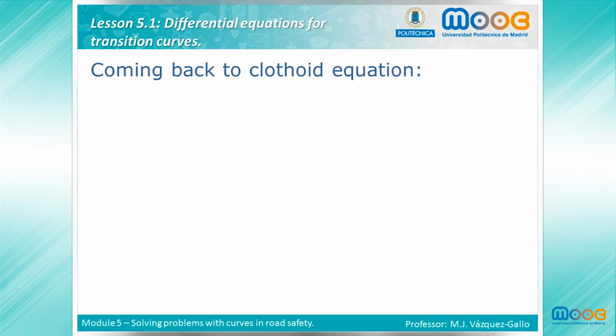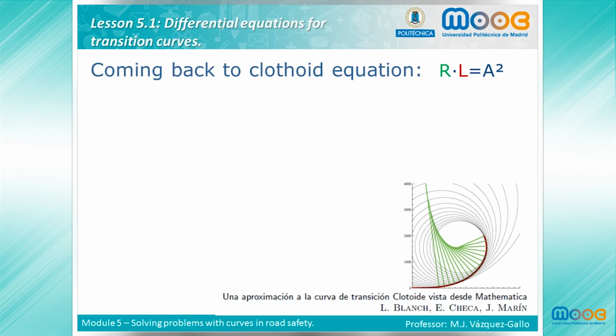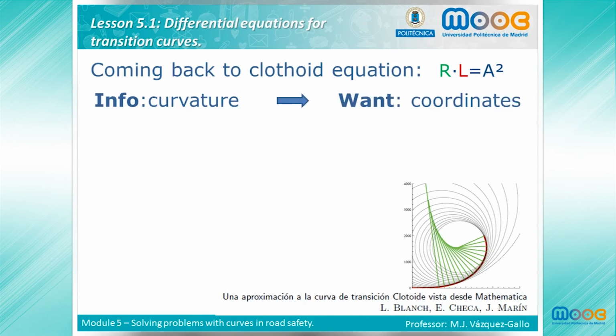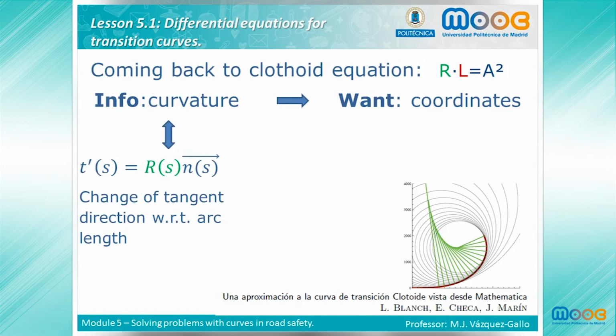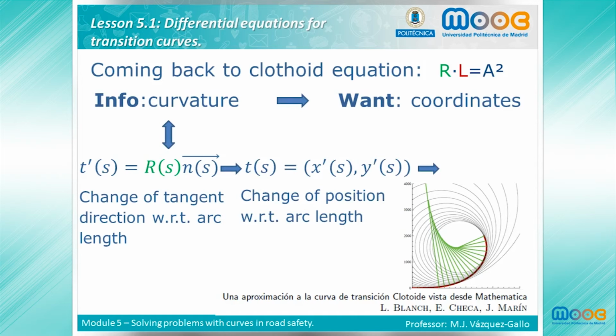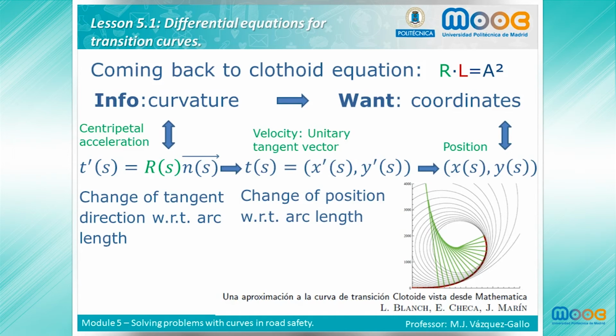Coming back to the clothoid equation, we have that radius of curvature times arc length is equal to a squared. From this info about curvature, that deals with the change rate of tangent direction with respect to arc length, and so with centripetal acceleration, we will get the velocity vector that is a unitary tangent vector, and from this last vector we will recover the position of points we were looking for.